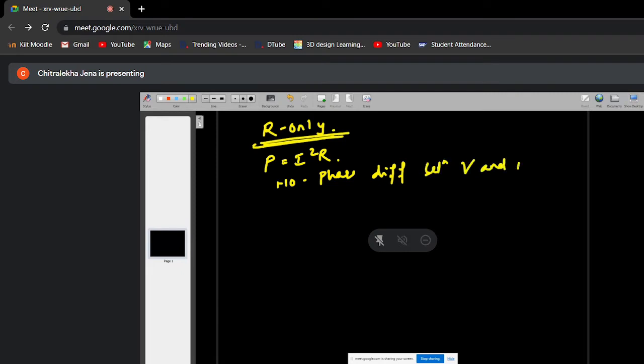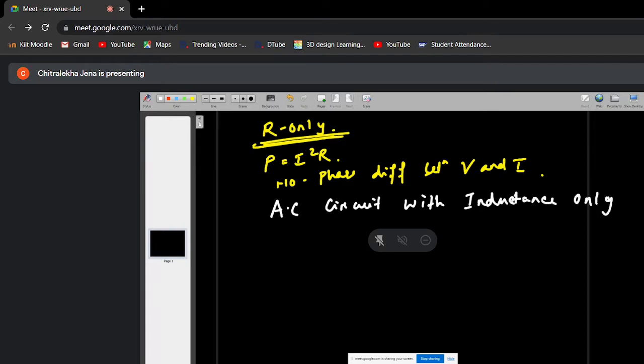Now come to the next one, that is AC circuit with inductance only.